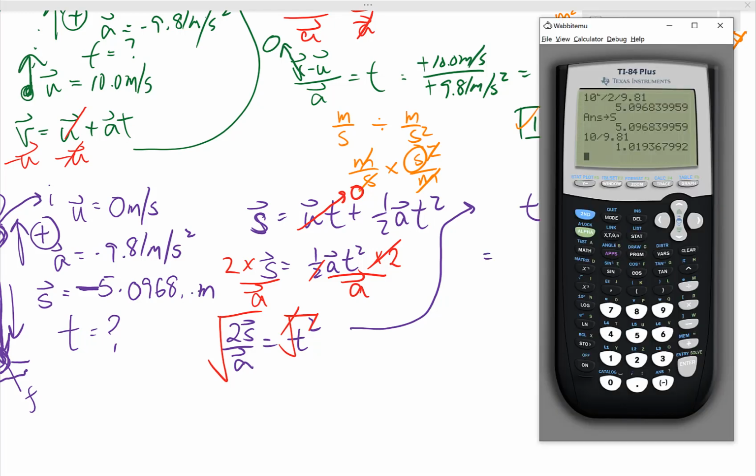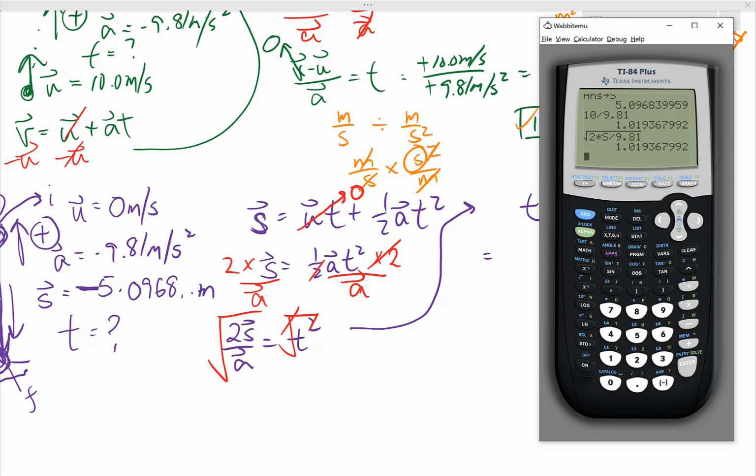Punching that into our calculator, so square root, I get, ooh! It's the exact same number as our previous question, 1.0193. And not even a digit of difference.